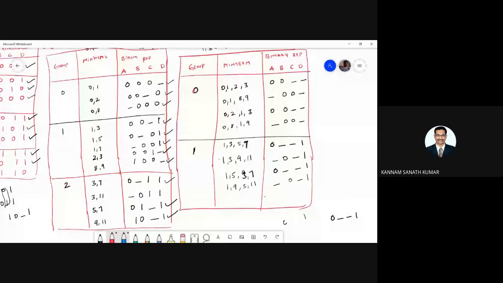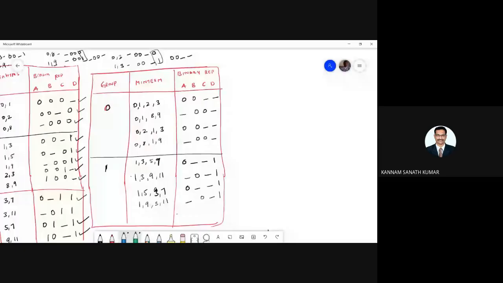If you write the prime implicants, what are they? This is A bar, B bar. This is B bar, C bar, and this is A bar, B bar. And next B C, B bar, C bar.